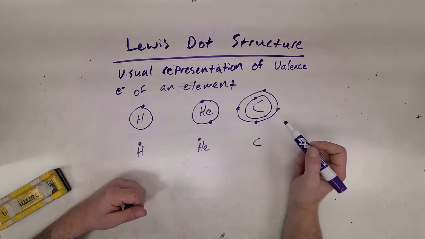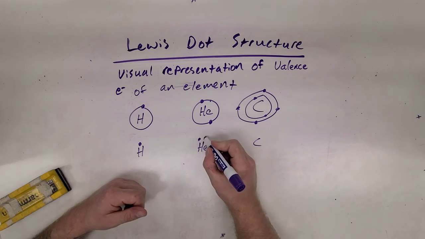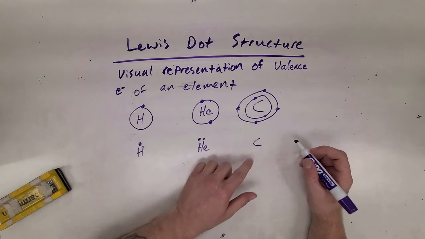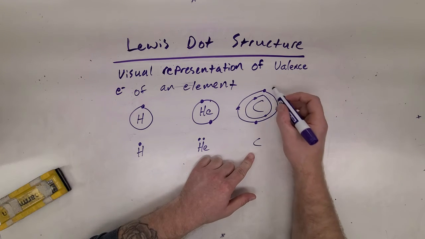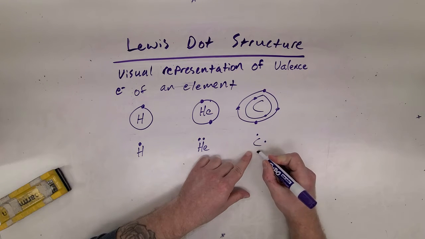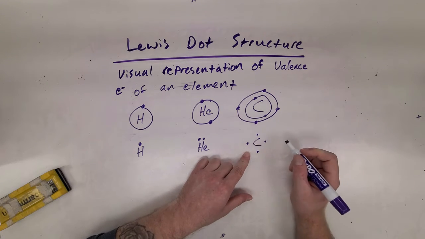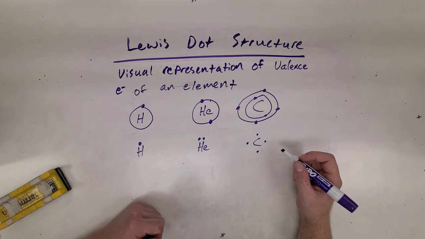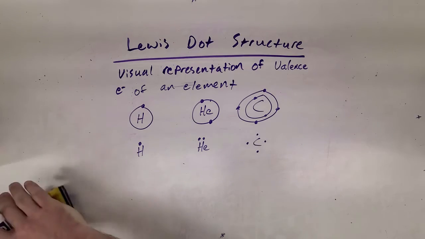These electrons are not going to bond with other elements normally, so we would draw it like this. Looking at carbon here, carbon has 4 valence electrons, so we would draw 1, 2, 3, 4, going down the line there. Let's take a look at a few more examples.